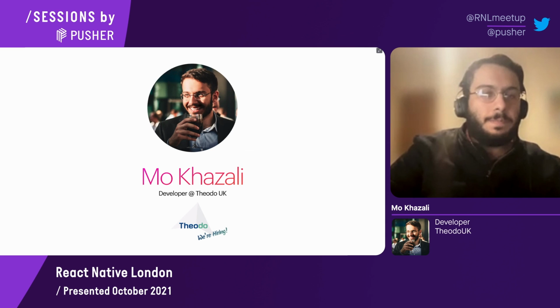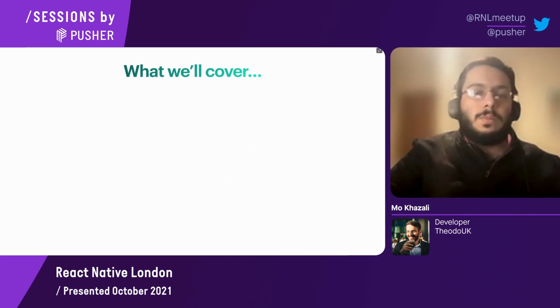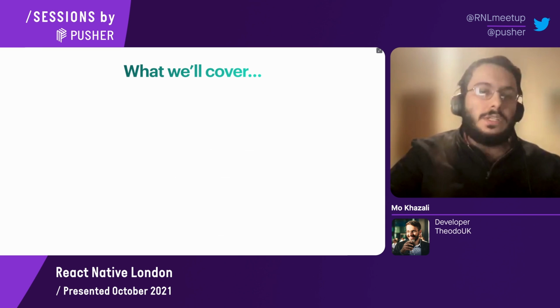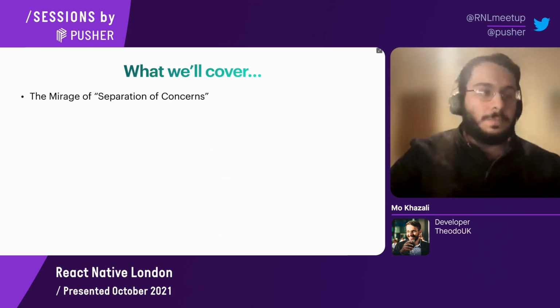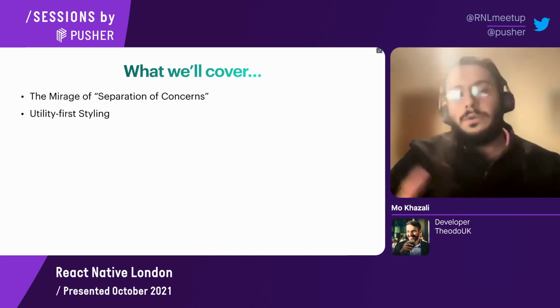Let's jump into it. So a brief slide on what we're going to cover tonight. Firstly, for a little bit of background and just to justify the thinking behind Tailwind and this talk, we're going to touch on the mirage of separation of concerns. This is a very bold claim, so hold on with adding me just yet. And then we're going to follow that up with utility first styling. So this is the alternative approach that libraries such as Tailwind take.